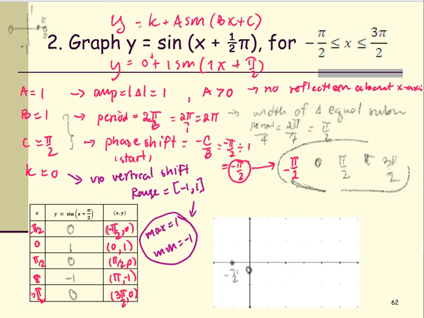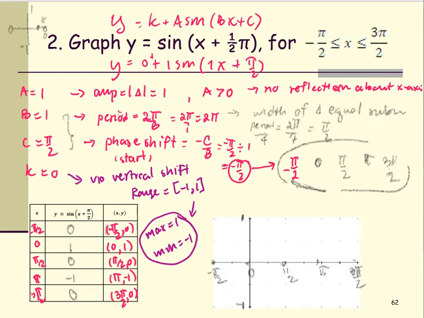How about we do it this way, with a bigger increment. If this is 0, this one is negative pi over 2, and then add another pi over 2, and another pi over 2, and the last point is going to be 3 pi over 2. So we have the bigger graph here. The maximum is 1. The minimum is negative 1.